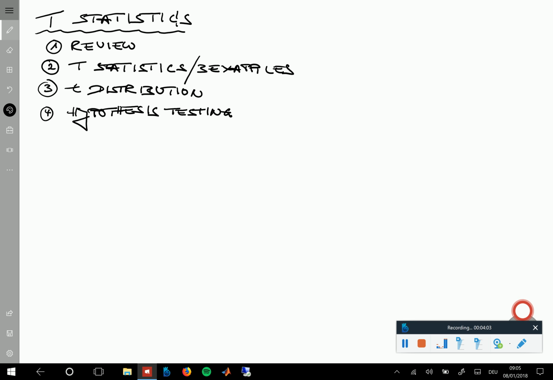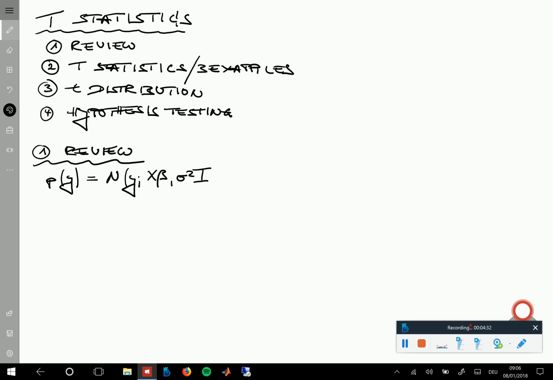Okay, so then let's start with where we are with the GLM. The major thing that we introduced is that under the GLM, the data is distributed according to this little expression here.